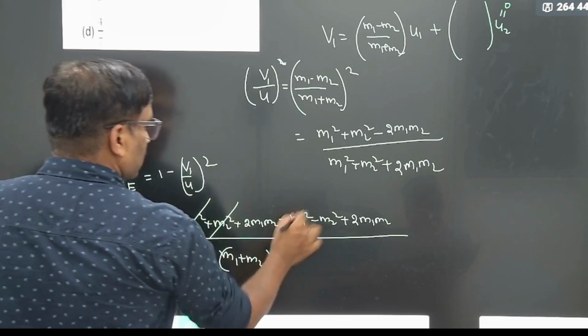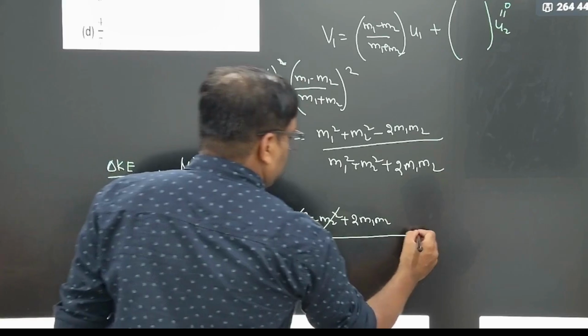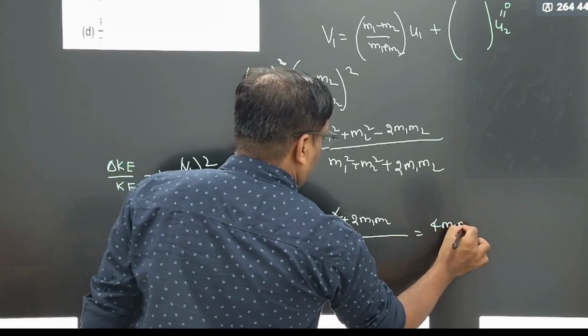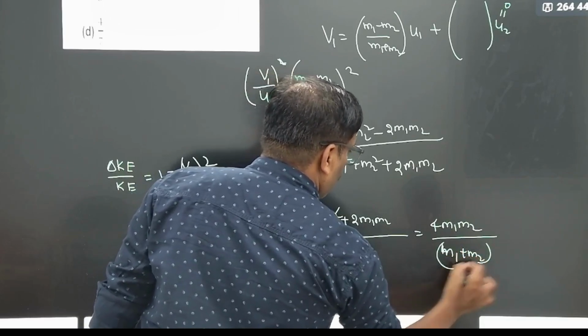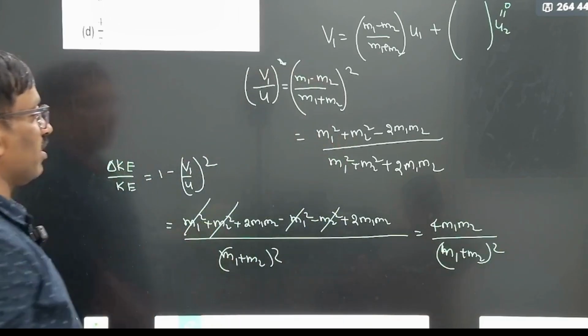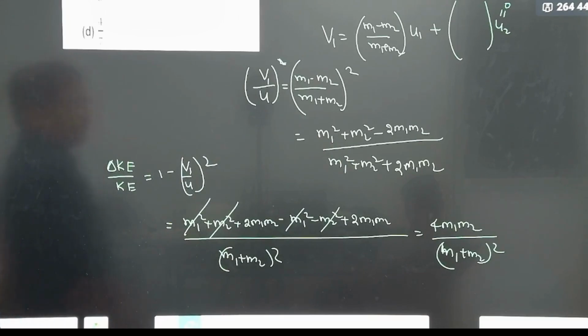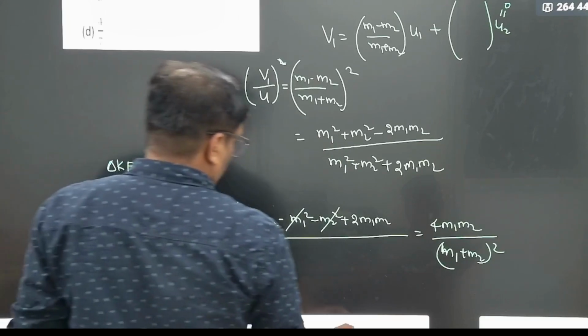These two will get cancelled out. So you will get 4 m1 m2 by m1 plus m2 whole square. So this will be the fractional loss of kinetic energy of the colliding body, right?